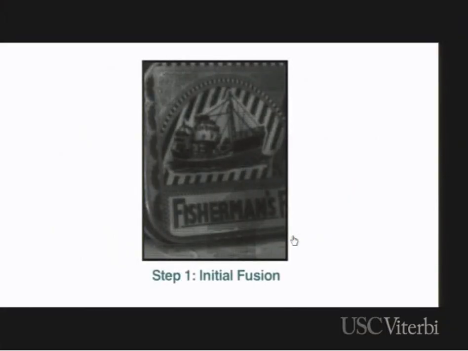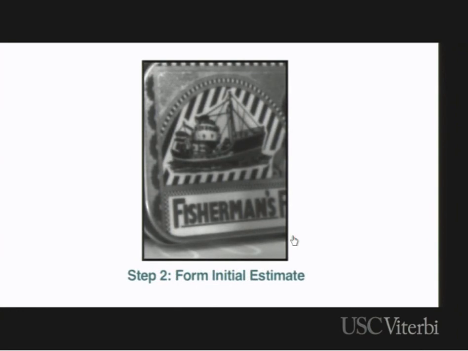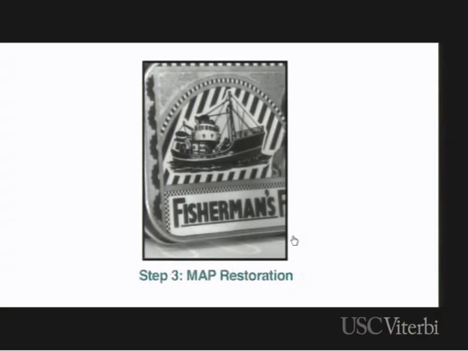Once the pixels are fused onto a common grid, any remaining holes are filled, and this is our initial estimate for the subsequent MAP restoration. The initial estimate is then refined using a MAP estimation algorithm, which incorporates prior information about the camera model and imaging statistics to form an optimal reconstruction of the original scene. Finally, the restored image is shown in color.